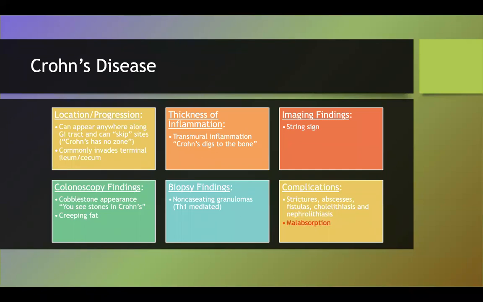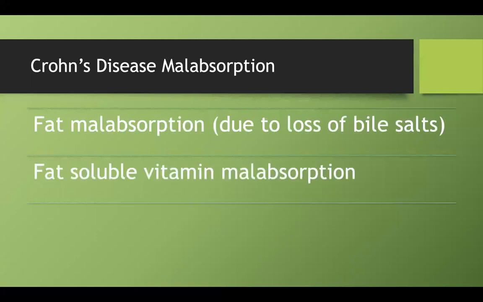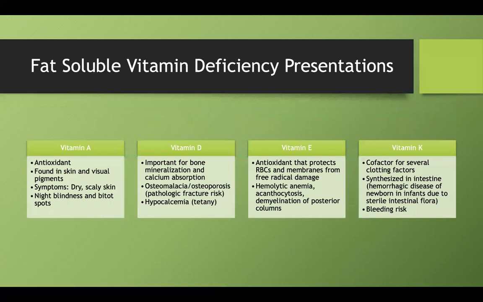The last thing I want to touch on is malabsorption. So you can get fat malabsorption, fat-soluble vitamin malabsorption, and B12 malabsorption. For fat-soluble vitamins, we went over this in the small intestine, but this is just a brief reminder that vitamin A deficiency usually presents with either skin symptoms or eye symptoms.